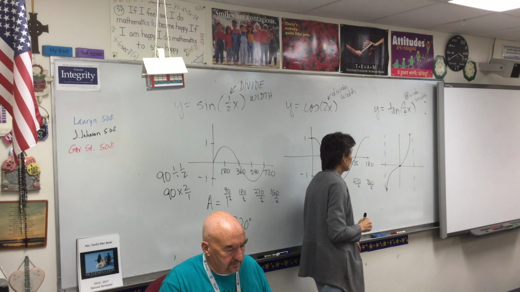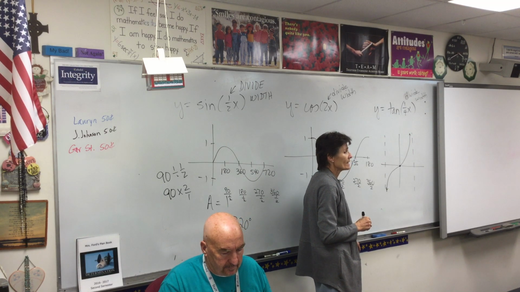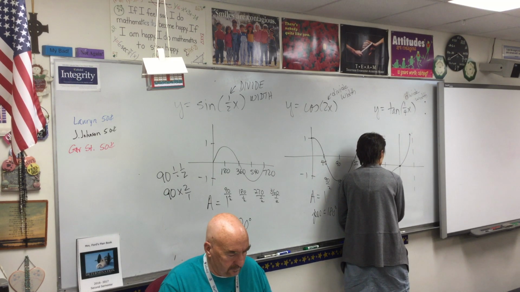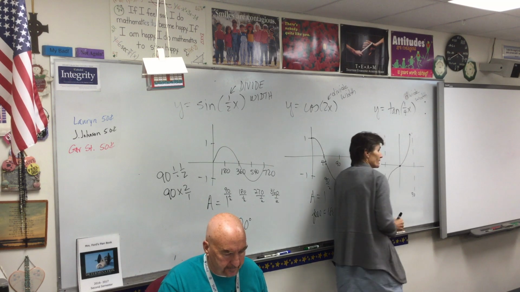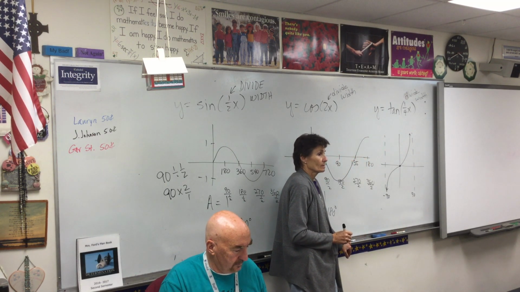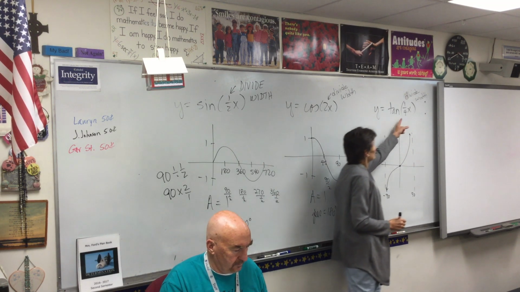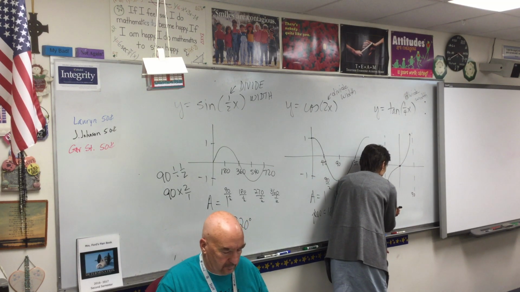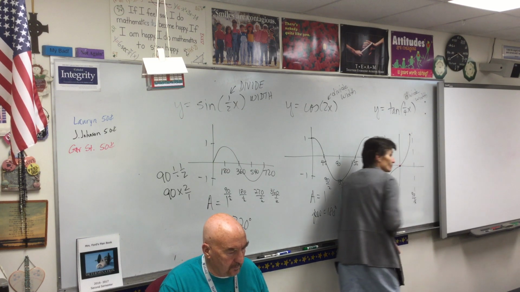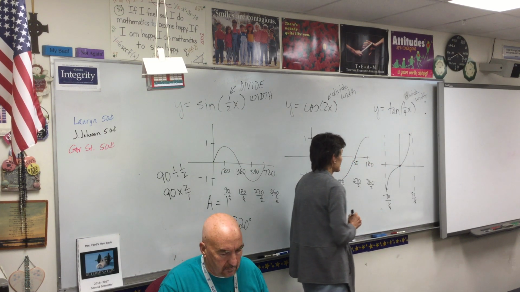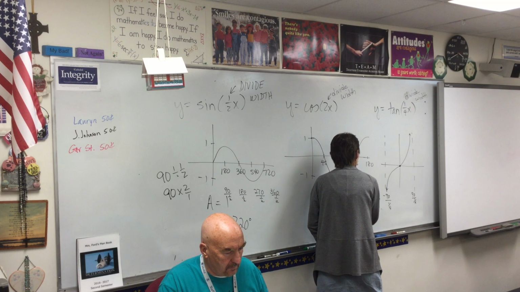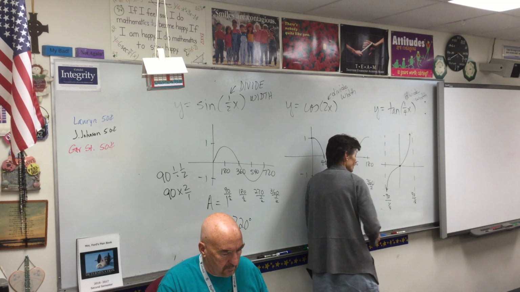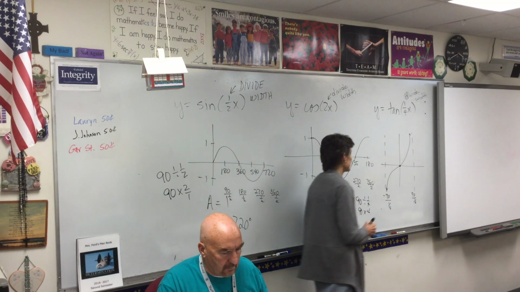Now I know that a normal tangent has asymptotes where? What are these two labels? -90 and 90. But I put a coefficient on x, which is going to divide these. So 90 divided by a 4th is 90 times 4, which is 360.